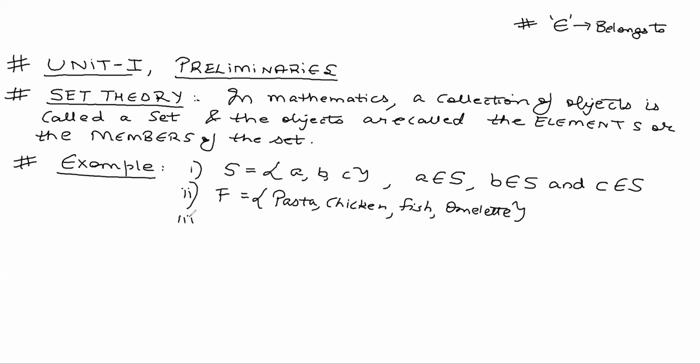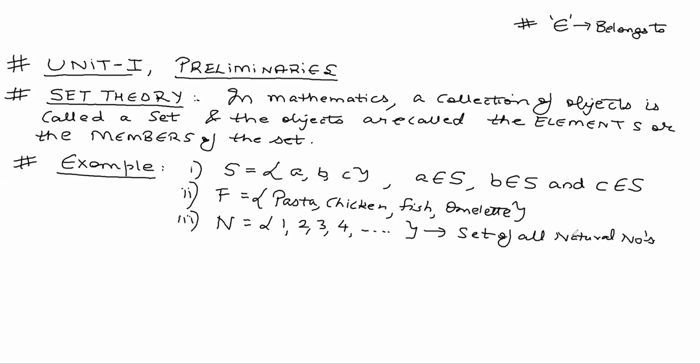Another example, the set of all natural numbers: 1, 2, 3, 4, and so on. This is the set of all natural numbers. So basically anything which you define in a well-defined manner is called a set, and the objects in it are called the elements or members of the set.